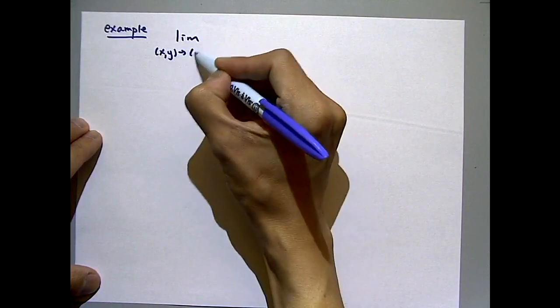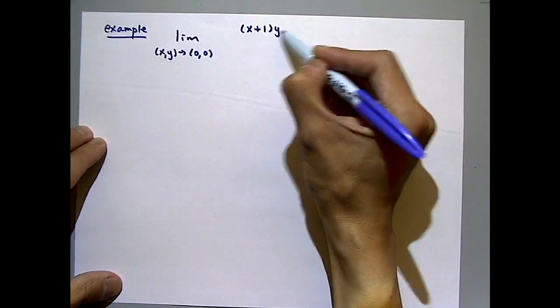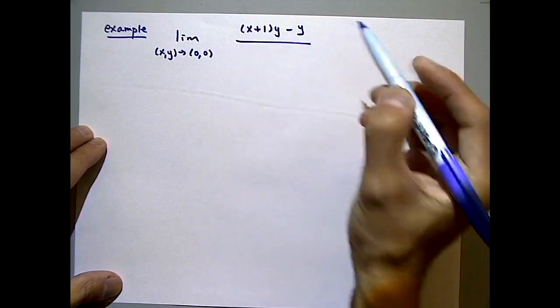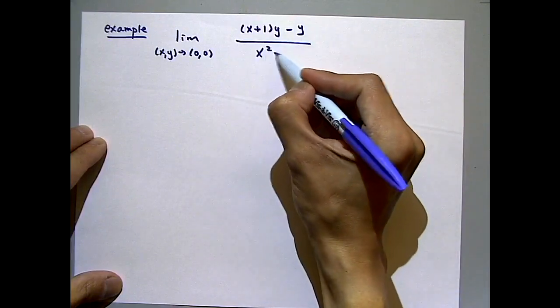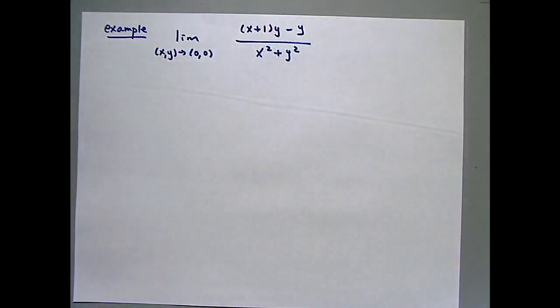Once again, I'm going to make the target 0, 0, just for simplicity. This in general would be whatever number you wanted to go to. All right, so here we've got (x plus y) times y minus y over x squared plus y squared.